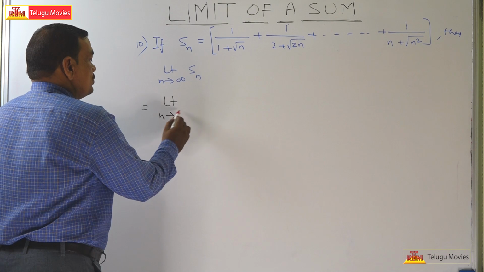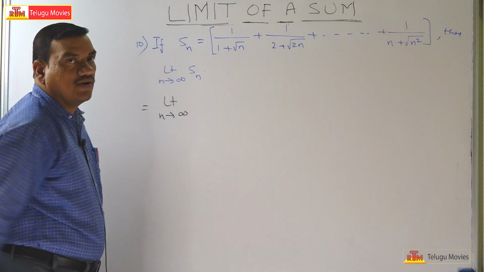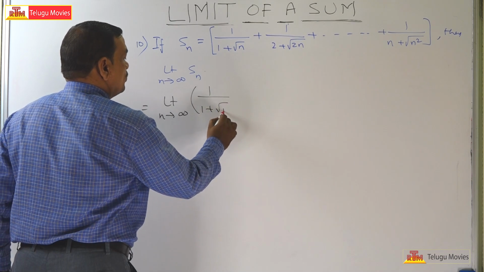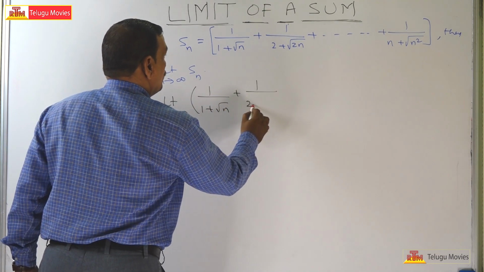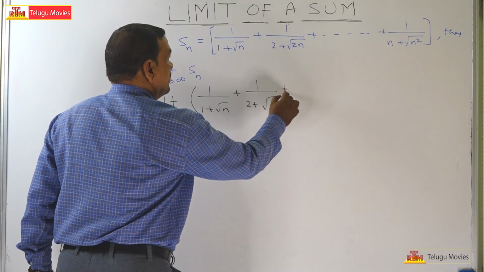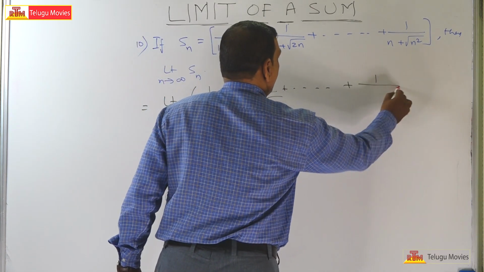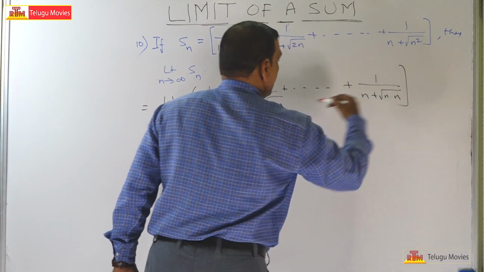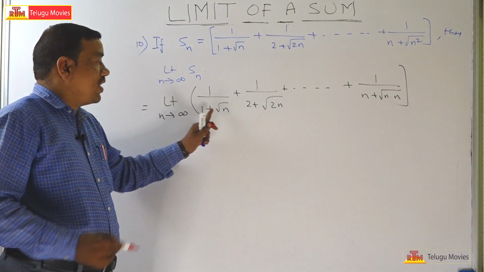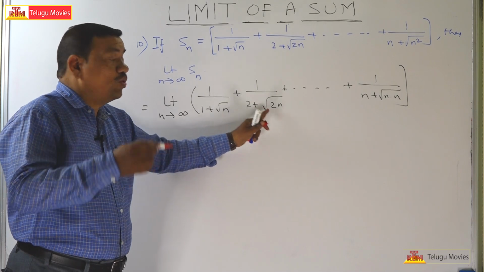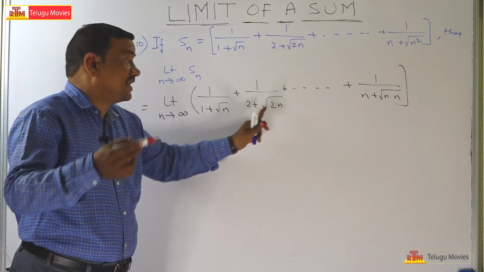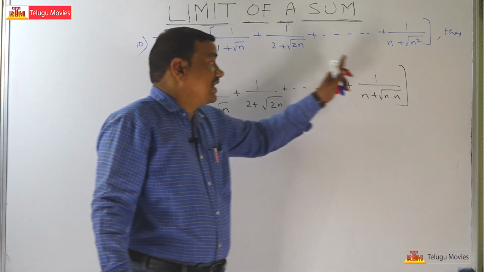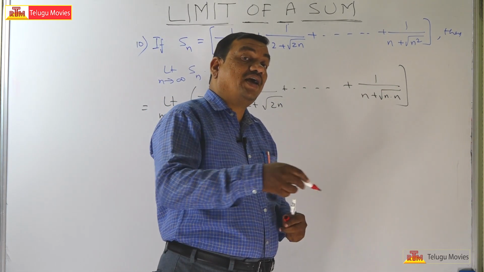Limit n tends to infinity, Sn means total sum expression, 1 by 1 plus root n, 1 by 2 plus root of 2n, plus so on, 1 by n plus root of n square means n into n. Why I wrote means, see here 1 plus root n, 2 plus root of 2n second term, third term 1 by 3 plus root of 3n, nth term is n plus root of n into n.